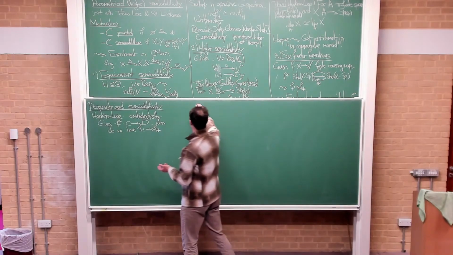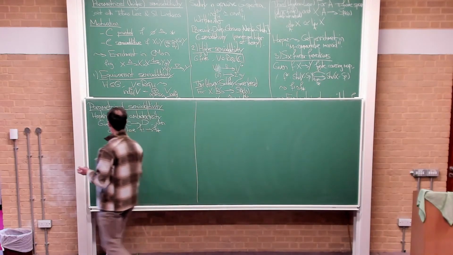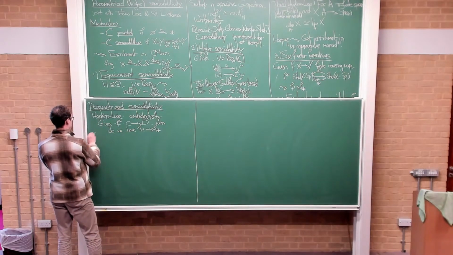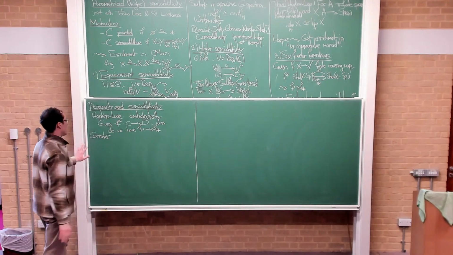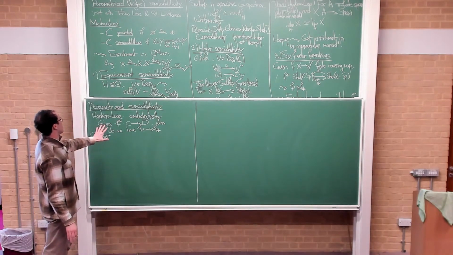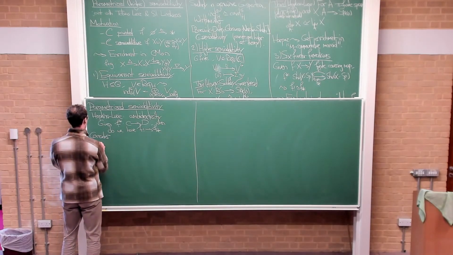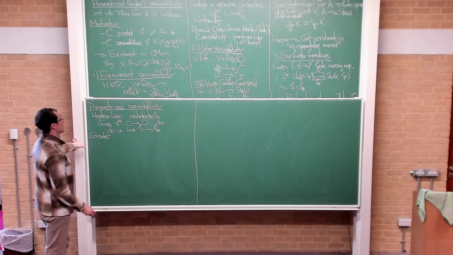So let me explain how this goes. And I will take a slightly different perspective on it than they write it in their paper. So what we're going to consider is we have some indexing category.